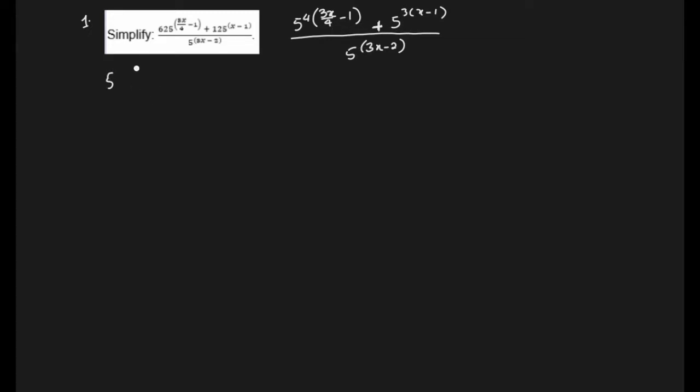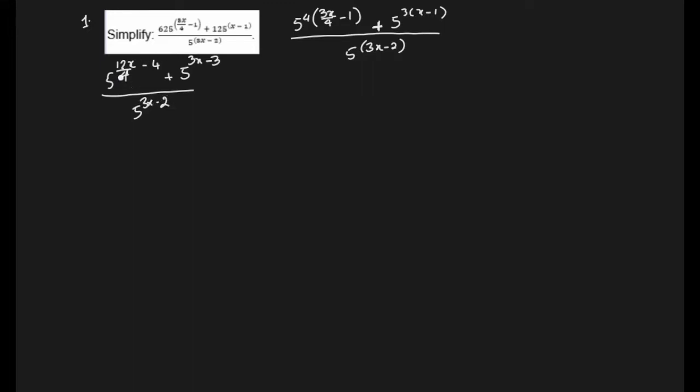The first one, 5 to the power 4 times 3, 12x over 4, and then 4 times 1 is minus 4, plus 5 to the power 3x minus 3. Yeah, I opened this bracket as well. Divided by 5 to the power 3x minus 2.